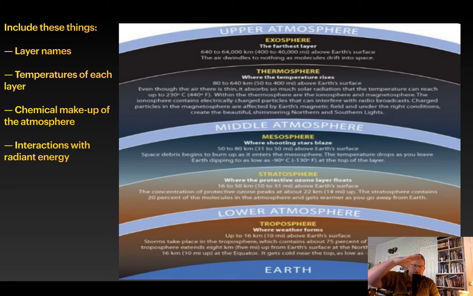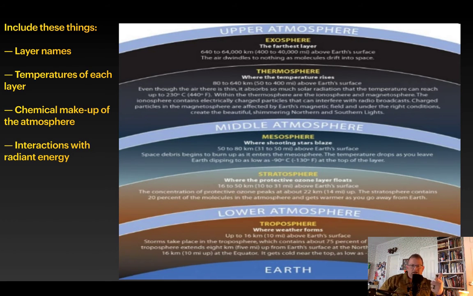Remember how we talked about how the Earth is squished? It's a circle, but it's squished because it's rotating so fast that the outsides kind of squish out and the top kind of squishes in. Same thing happens to the atmosphere because of that. So the atmosphere squishes. It's about 5 miles at the top and the bottom, and at the equator, it's about 10 miles.